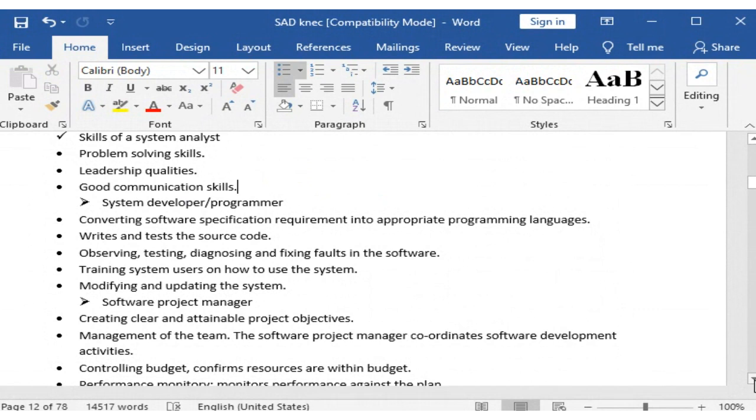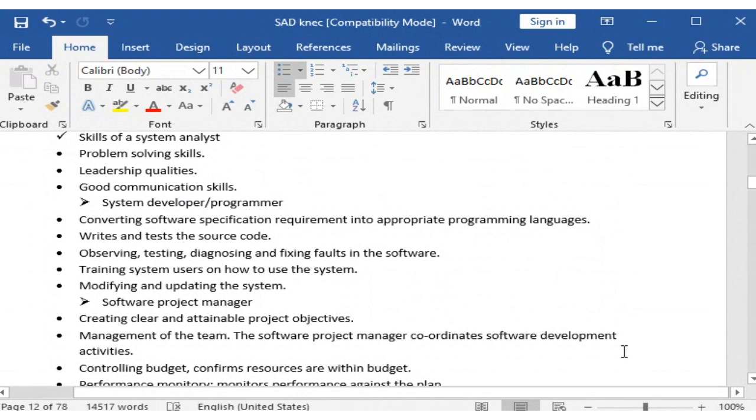Again, they train system users on how to use the system, and modify and update the system.